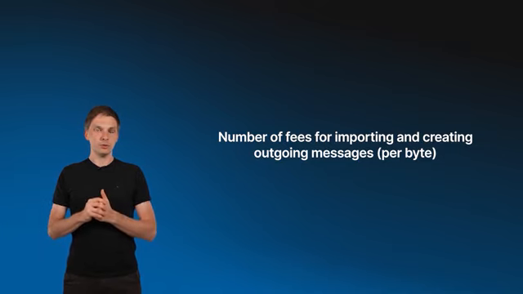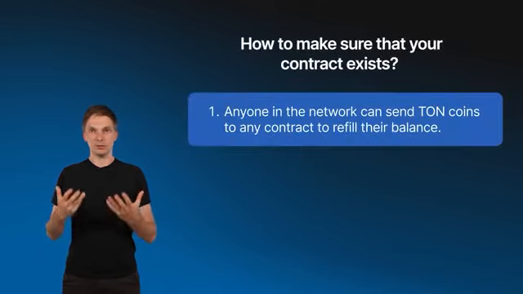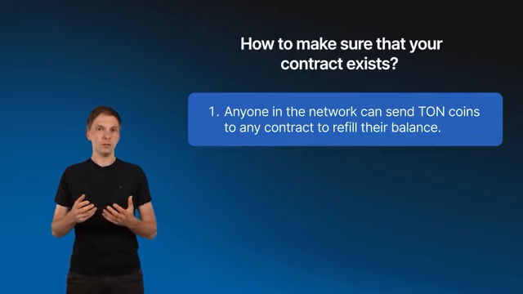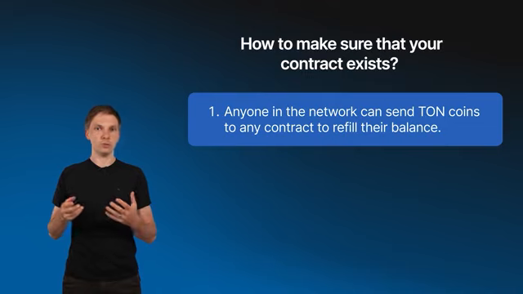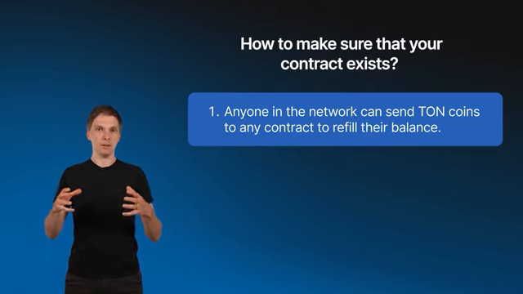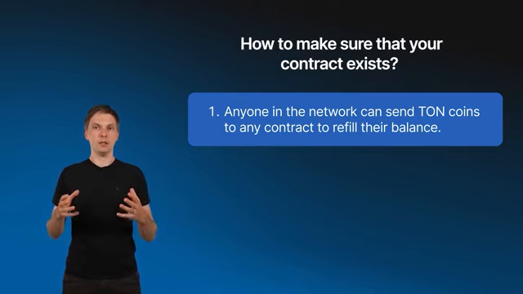So how to make sure that your contract exists? First of all, anyone in the network can send TON coins to any contract to refill its balance. And so if you have a decentralized app that has a shared user base and does not have any particular operator, then any user could keep this contract alive by just topping up its balance.